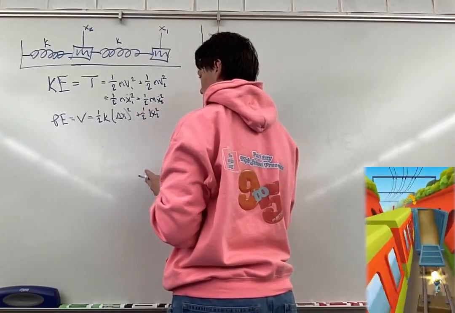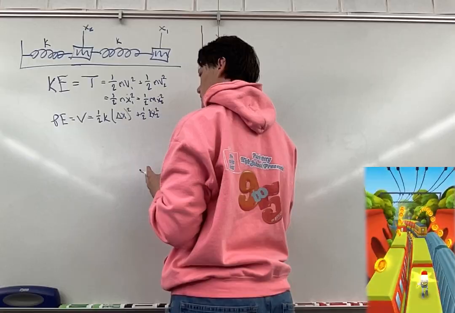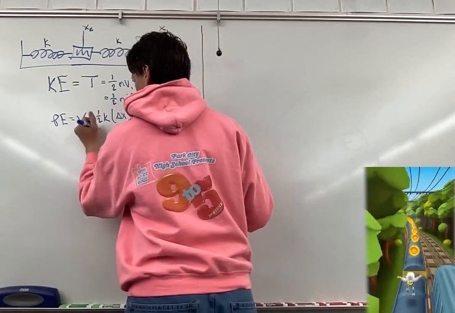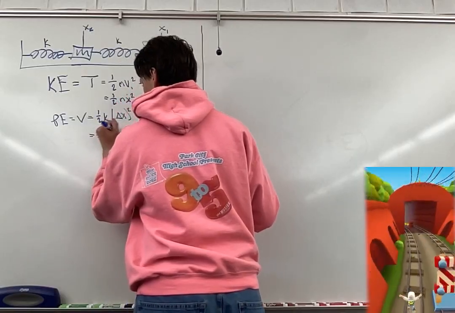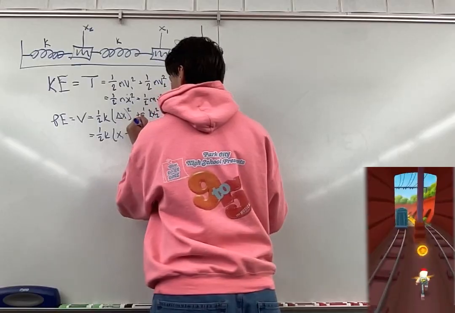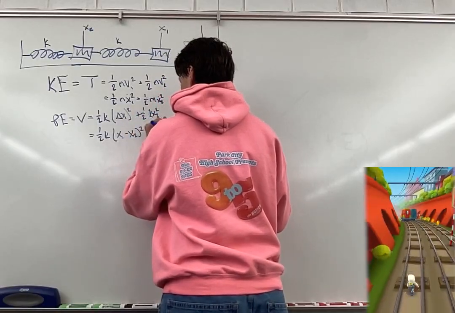And then no x dot, just regular x2. Why velocity squared? Yeah, you're right. And then we can expand delta x, so x1 minus x2 squared plus 1/2 k x2 squared.